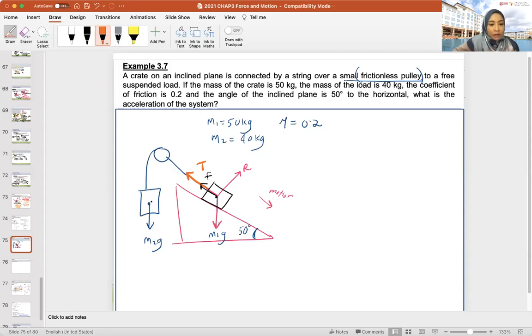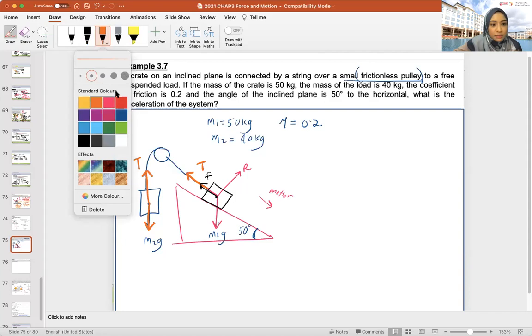And then we have our mg for this one, m2g, and I would not have a reaction, but I would have tension, which is equal to this tension over here because it is a smooth pulley system. This is only true for a smooth system or frictionless pulley. The tension will be the same. If you advance to degree level, when you do forces and the pulley is not smooth, this doesn't apply.